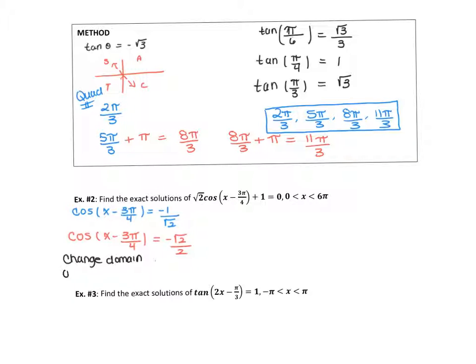0 minus 3 pi divided by 4 is less than x minus 3 pi divided by 4 is less than 6 pi minus 3 pi divided by 4.